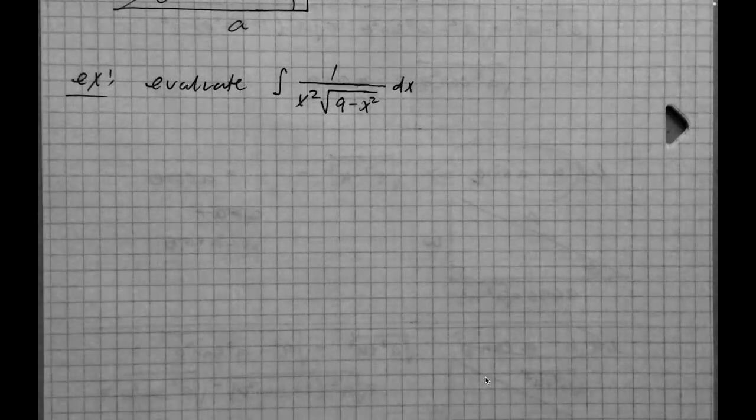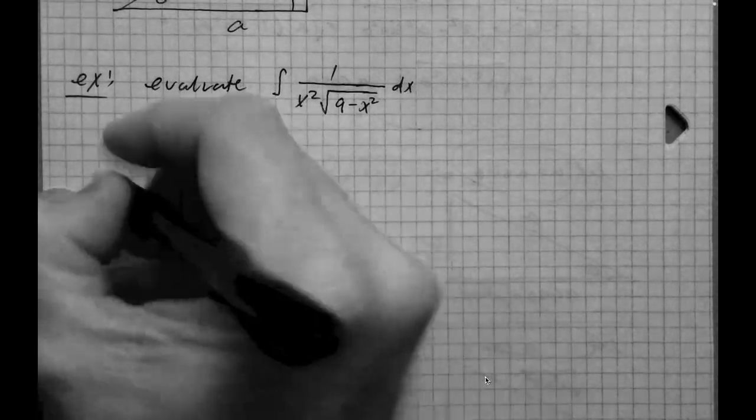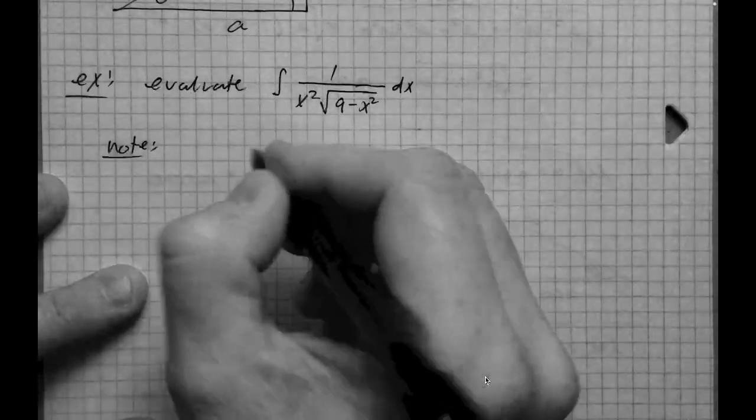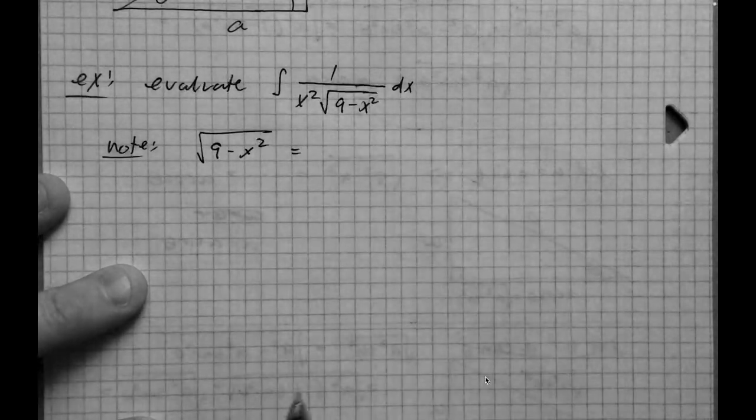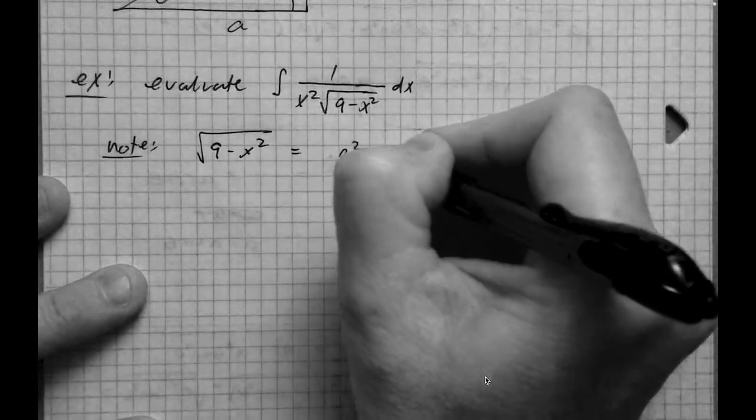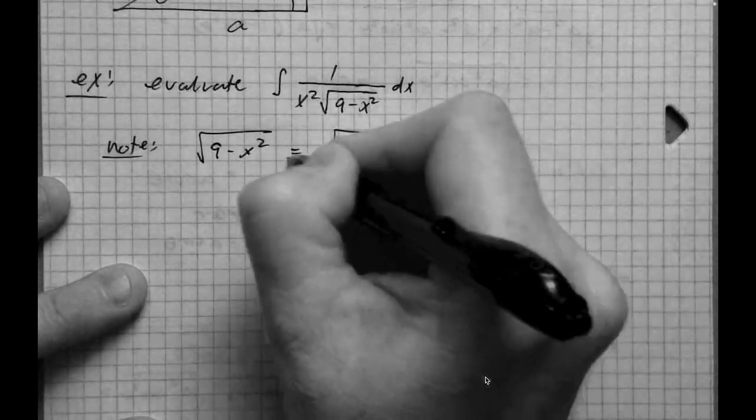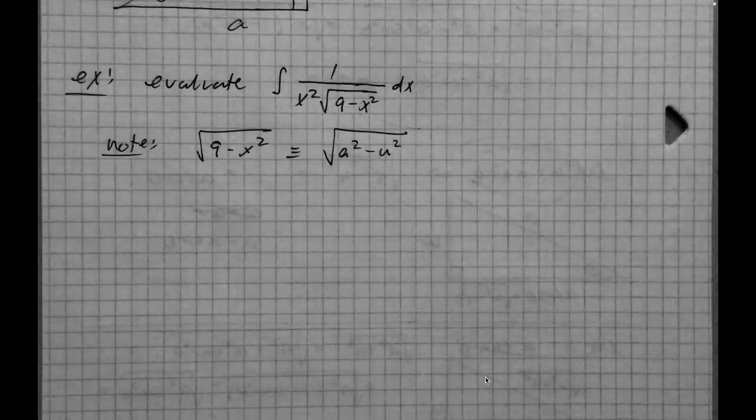Note, obviously, that 9 minus x squared is of the form a squared minus u squared. All right, so it fits that form.